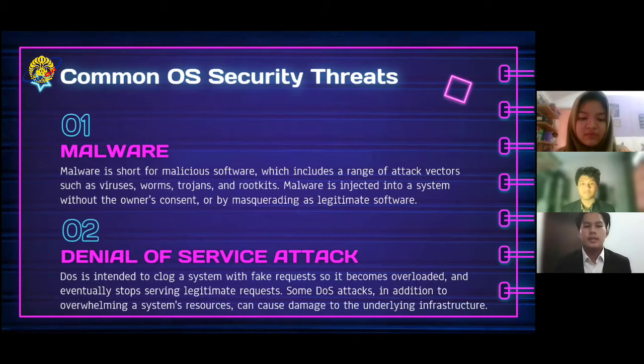Second is denial of service attack. Denial of service attack is intended to clog a system with fake requests so it becomes overloaded and eventually stops serving legitimate requests. Some of those attacks, in addition to overwhelming a system's resources, can cause damage to the underlying infrastructure.